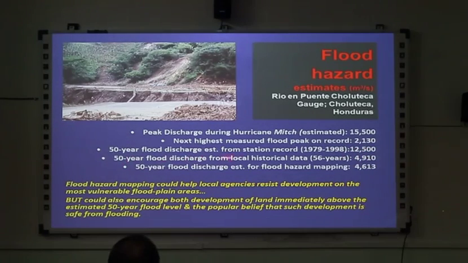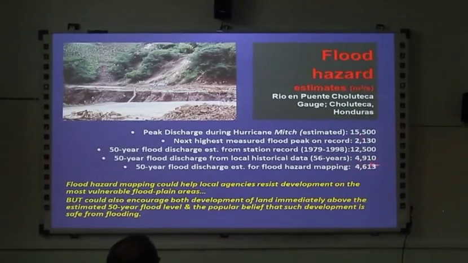That predicted by local historical data, 56 years, was only 5,000. But the USGS in their wisdom took 4,600. That's a bit more than a quarter of the actual Hurricane Mitch discharge to define their 50-year flood hazard maps. Okay, well that's great.